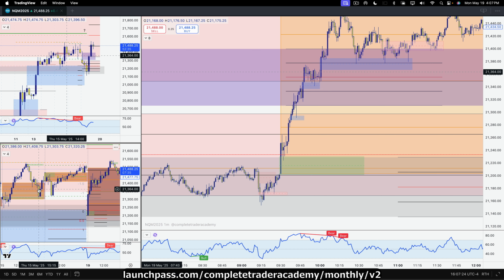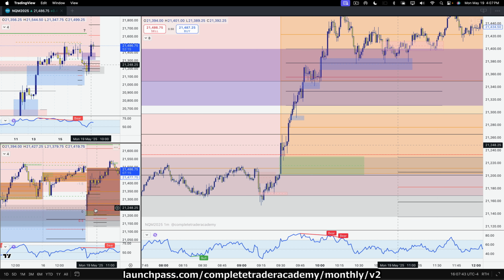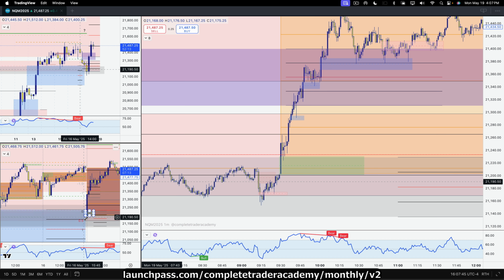On Friday, you'll see from Thursday to Friday's open, how the 9:30 opened up above these highs right here, and that's when you can use the first imbalance for 9:30. In this case here, we just swept the lows and we opened down here, and we're using that as the first imbalance.